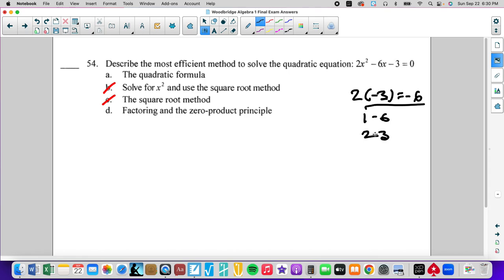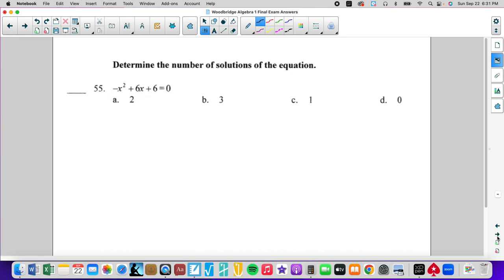Bigger is negative. So none of these equal -5. This is -1. None of those equal my middle. So I can't use the factoring. So my answer is A, quadratic formula. And we are not done. Determine the number of solutions. I head faked myself out.